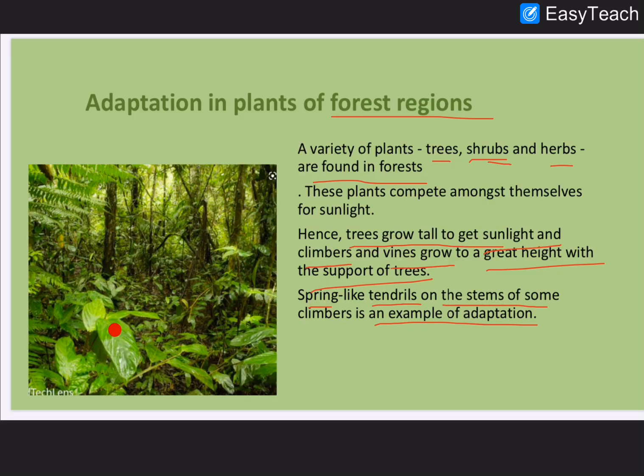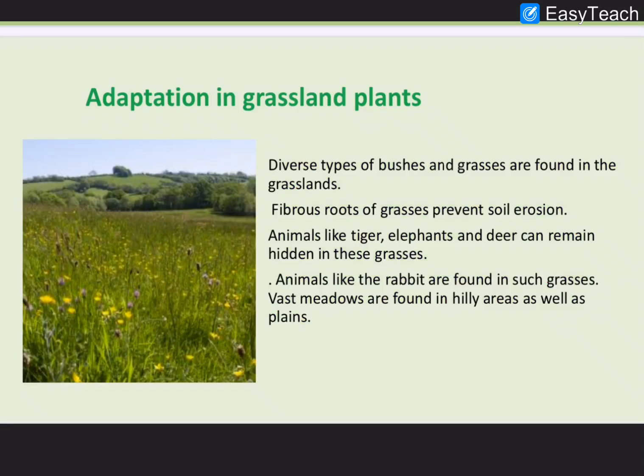So these are the type of plants seen in forest region. The main adaptation in forest region is that they grow tall in height to get sunlight, and they have spring-like tendrils. So these are all the adaptations in forest region.